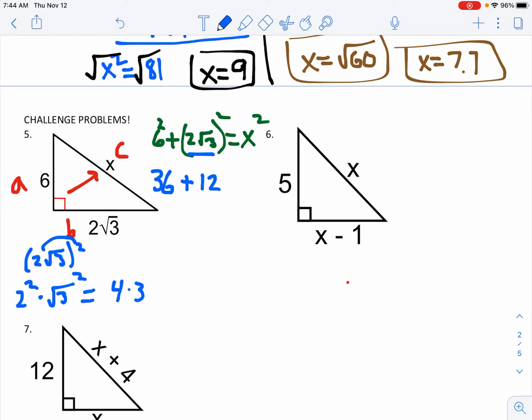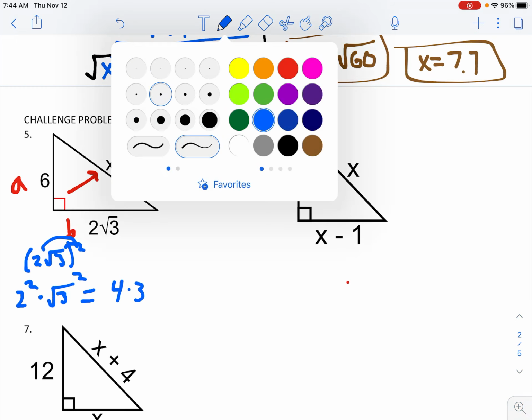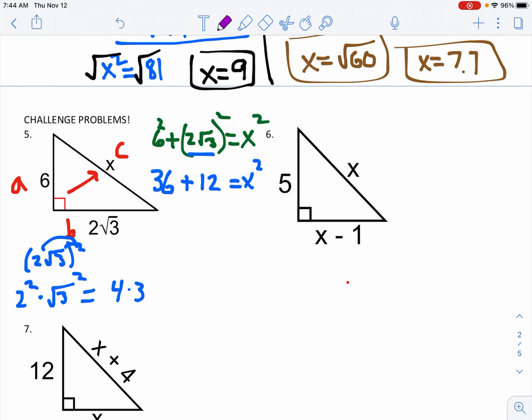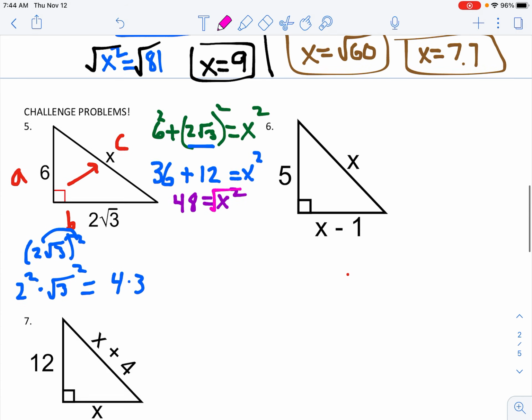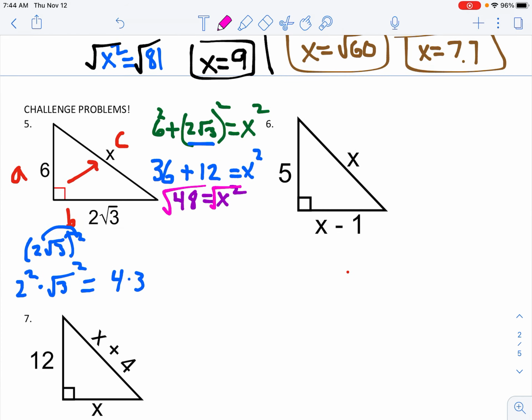And that should be equal to x squared. Now, when I clean it up, 36 plus 12 is 48 equals x squared. Remember, to get rid of the square, we square root both sides, so I'm left with square root of 48, which I could leave as my answer. If not, I can put that into my calculator, and I get 6.9.